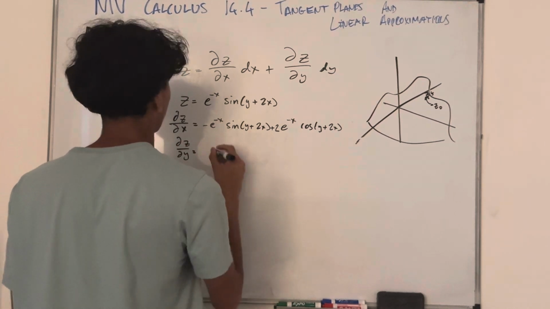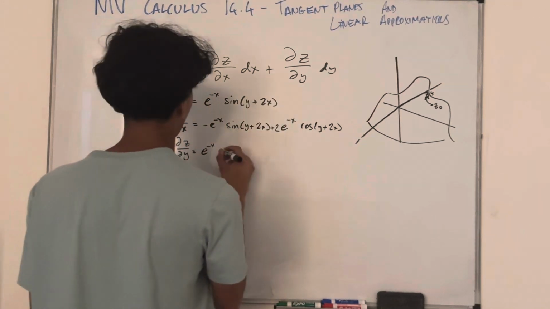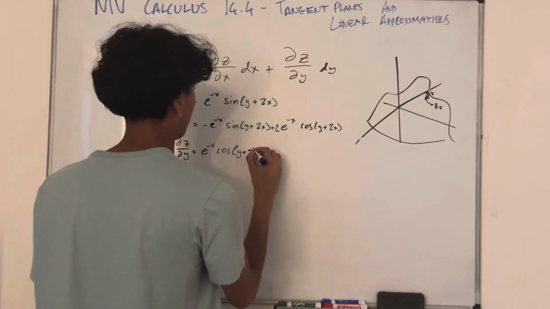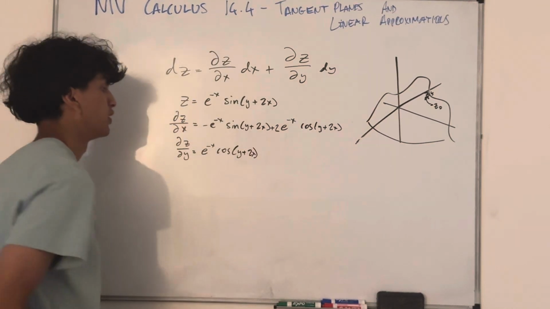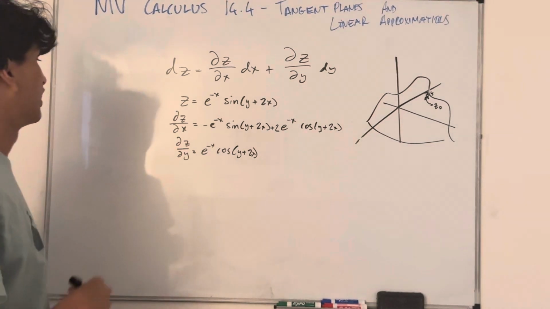Then partial z partial y is even easier, because I just treat the e to the negative x as a constant. I don't even need the product rule, I just need the chain rule. Cosine of (y plus 2x) and then multiply by 1, right? Because the derivative of y plus 2x is just 1 with respect to y.